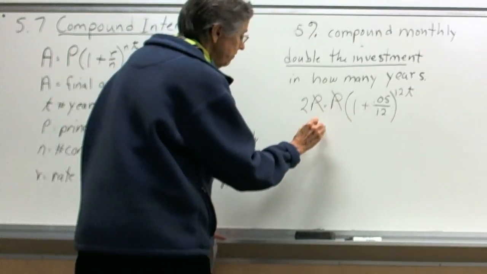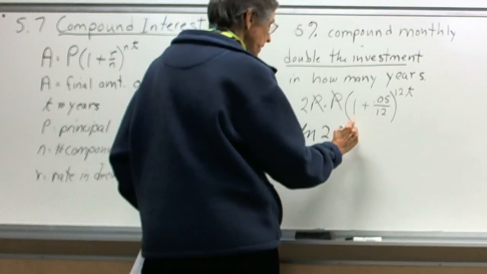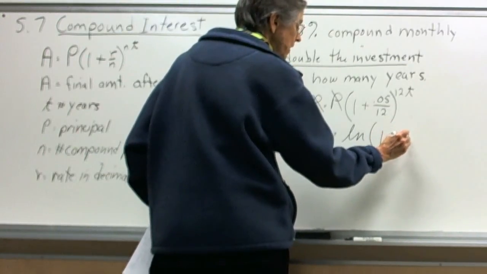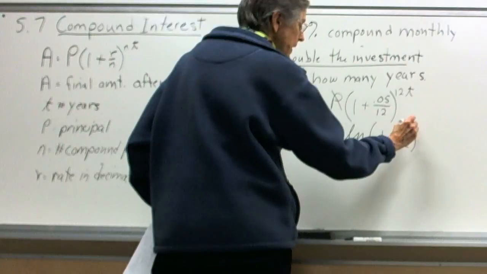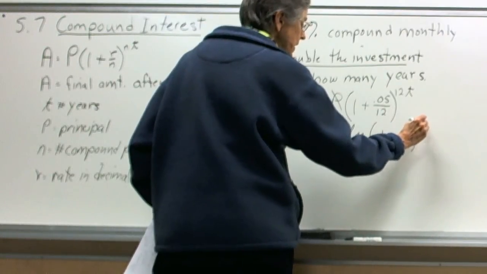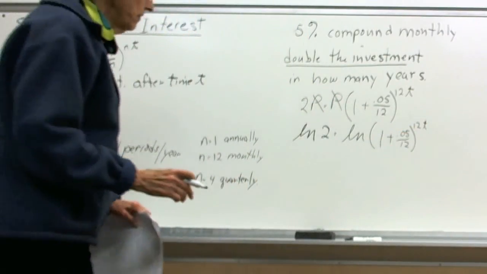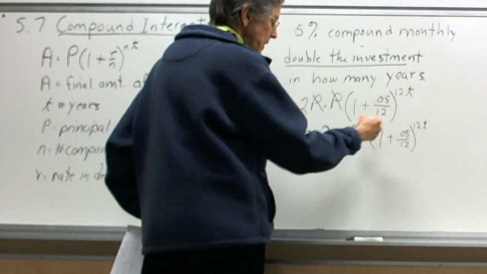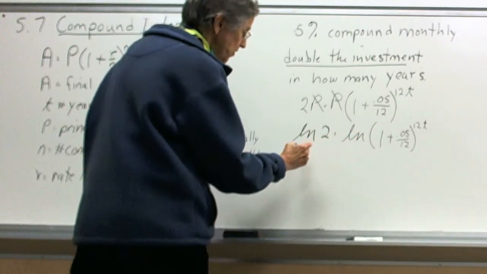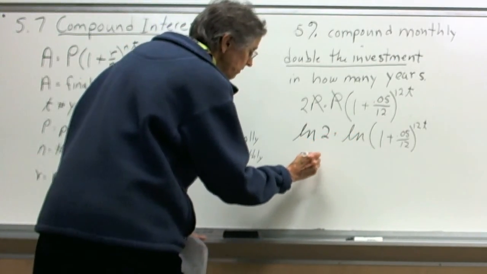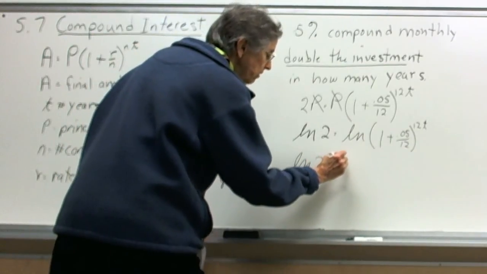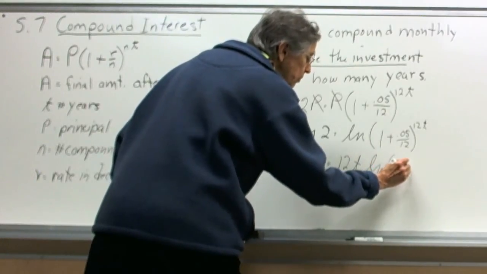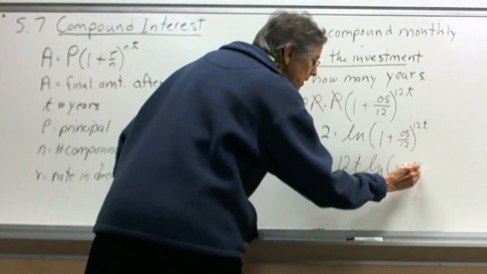The natural log of 2 is going to be equal to the natural log of 1 plus 0.05 divided by 12, and we have an exponent of 12 times T. Now the properties of exponents or logarithms say that the exponent on the argument can come out front and be a coefficient. So now I have the natural log of 2 equal to 12t times the natural log of 1 plus 0.05 over 12.